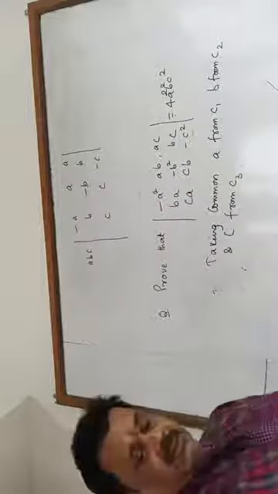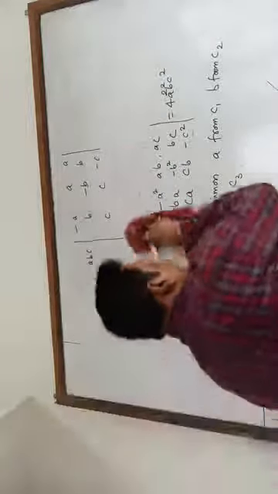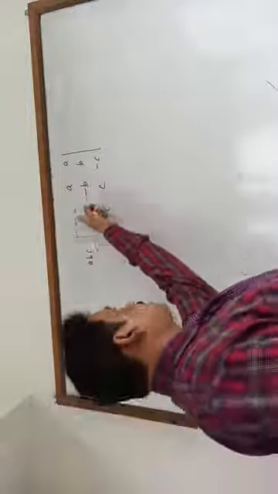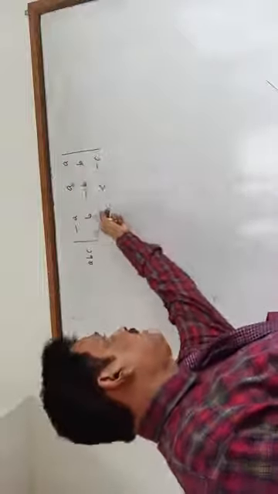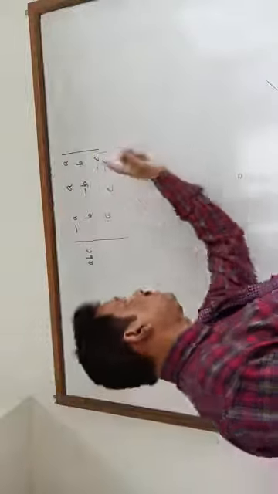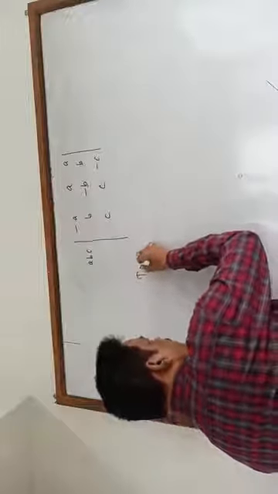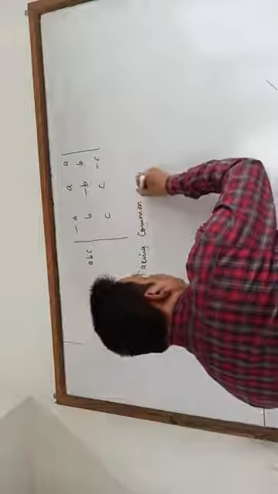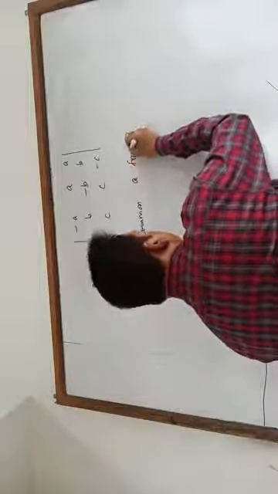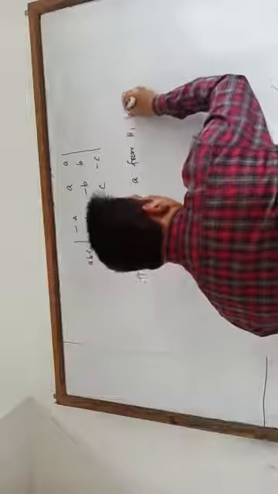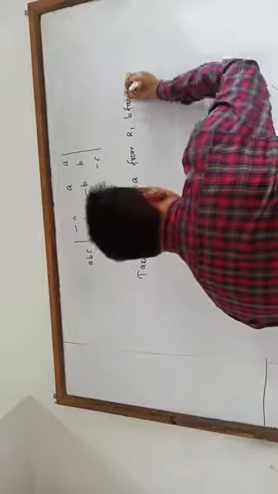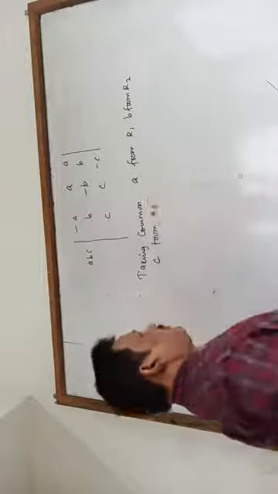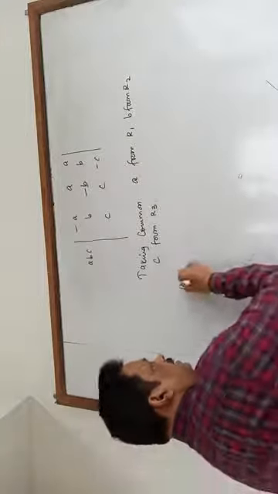After this again you can check. A is common again from row 1, b from row 2, c from row 3. Taking common a from row 1, b from row 2, c from row 3, so again you will get abc.